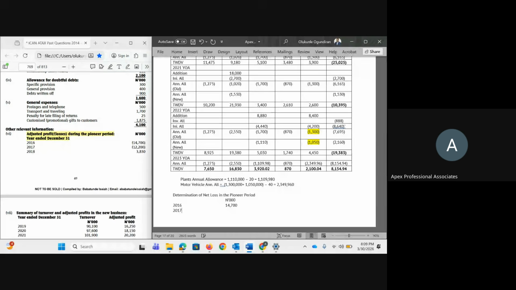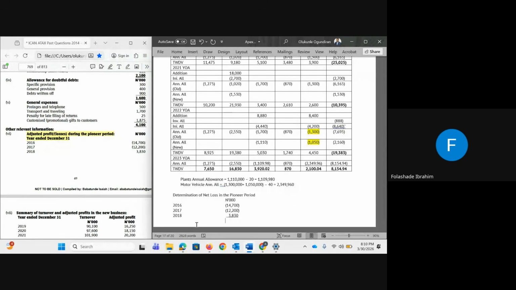2017. How much is that? 12,200. 2018, how much? What do you have? 2,200.